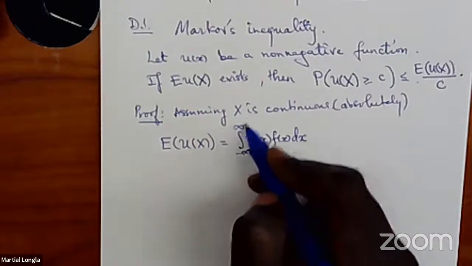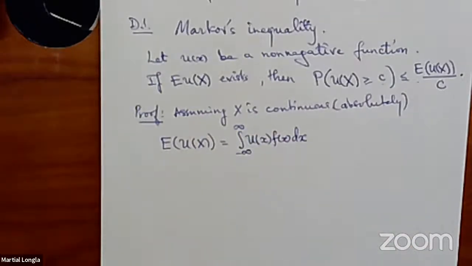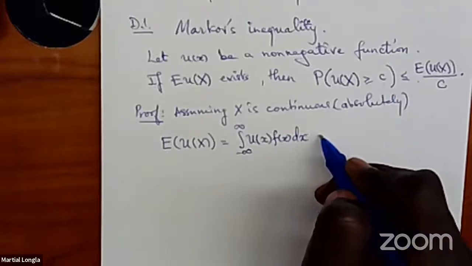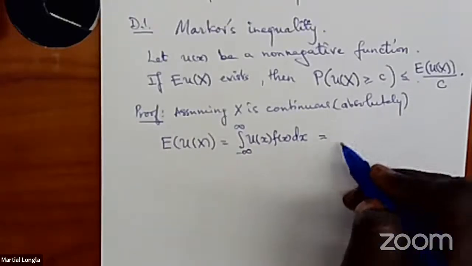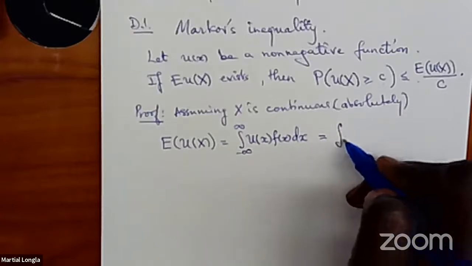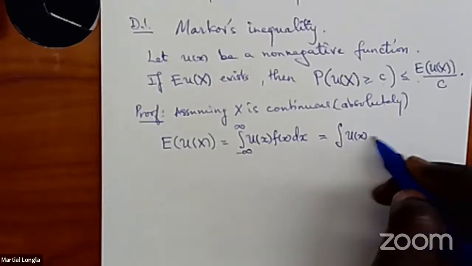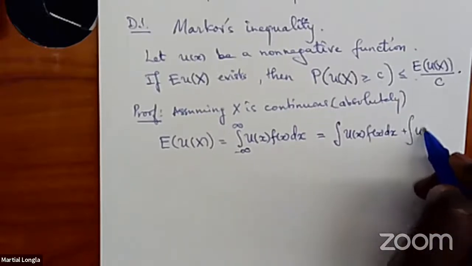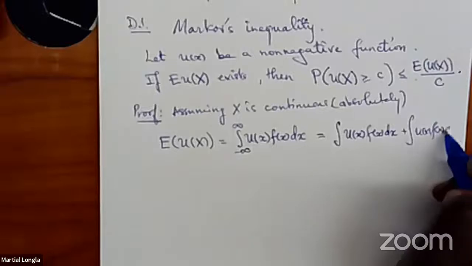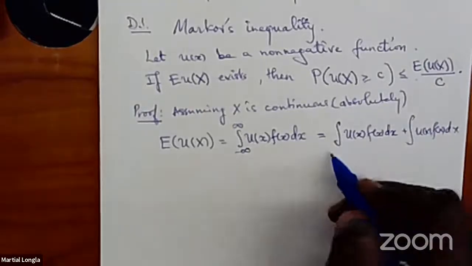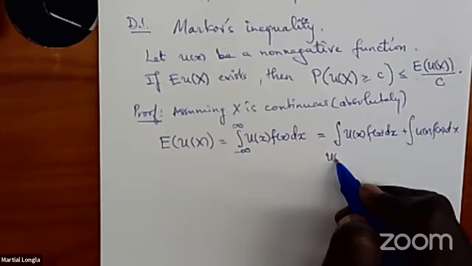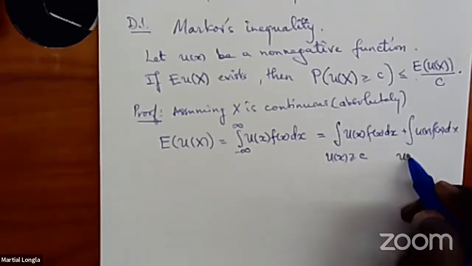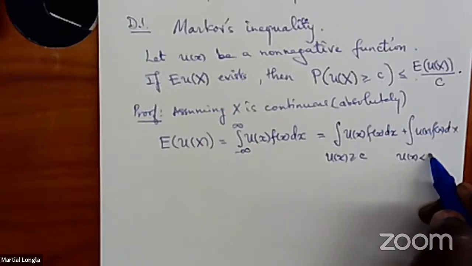And that integral splits into two. That's the integral of u of x f of x dx over two different sets, where u of x is larger than or equal to c and where u of x is strictly less than c.